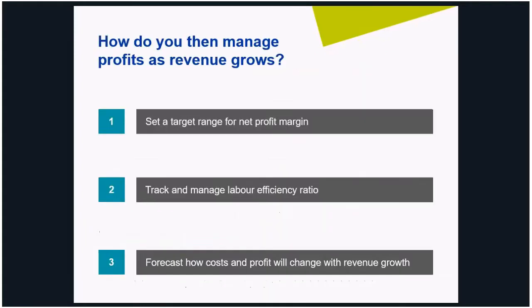We do that in the following three ways. The first of them is to set a target range for net profit so that we're always managing the growth in the business within a range of profitability.